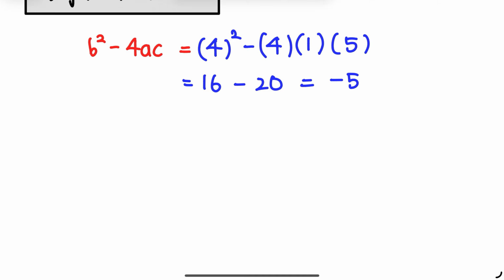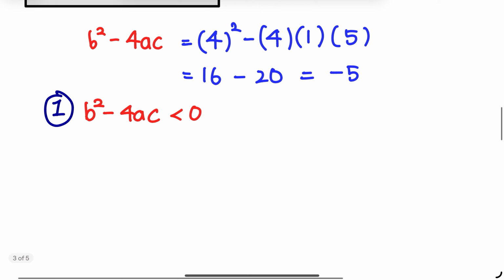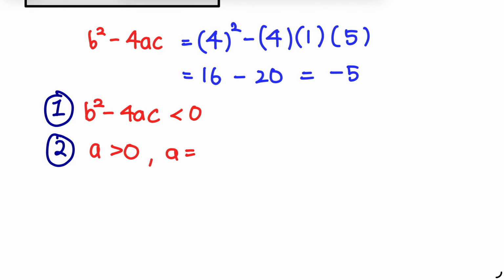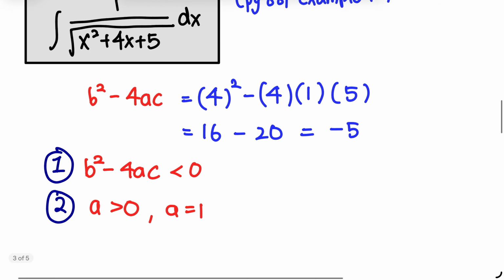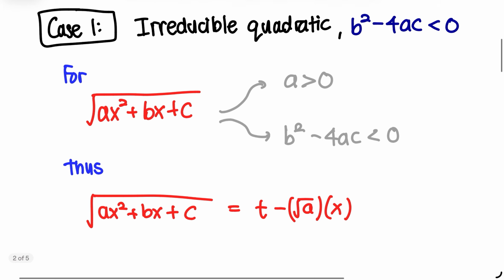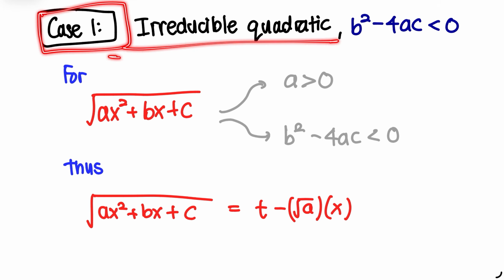Thus, you can conclude that b squared minus 4ac is lower than 0. This is the first condition. What's the second condition? a must be above 0, which is correct. a is 1 in this integral. So yes, we can apply this special case 1 of the irreducible quadratic.